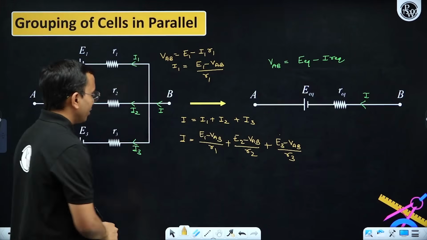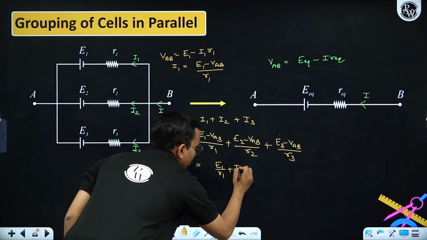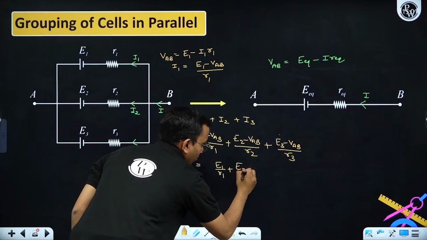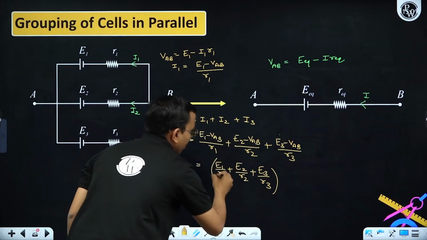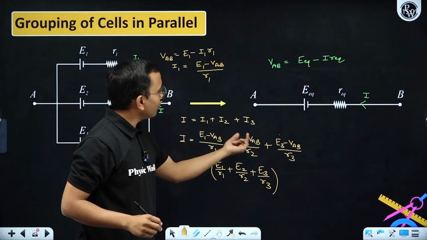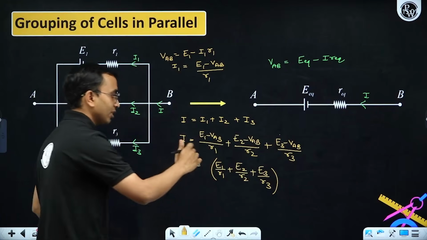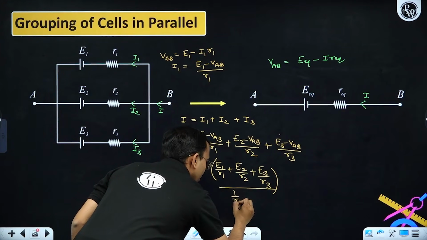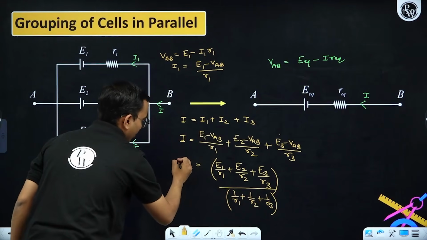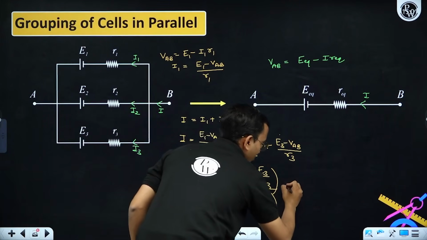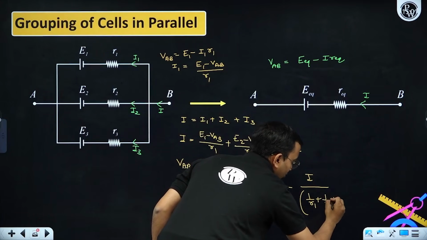Okay, from here further if I simplify, it will become E1 by R1 plus E2 by R2 plus E3 by R3, and this is VAB by R1, VAB by R2, VAB by R3, whole I am taking on the left, dividing with 1 by R1 plus 1 by R2 plus 1 by R3, minus I divided by 1 by R1 plus 1 by R2 plus 1 by R3.